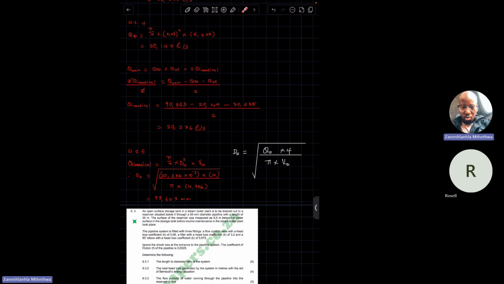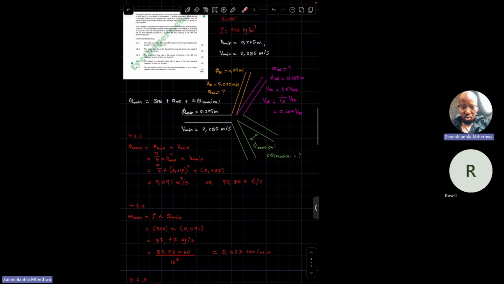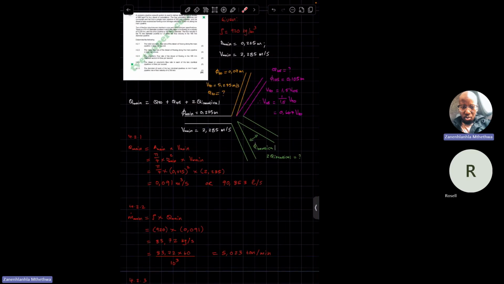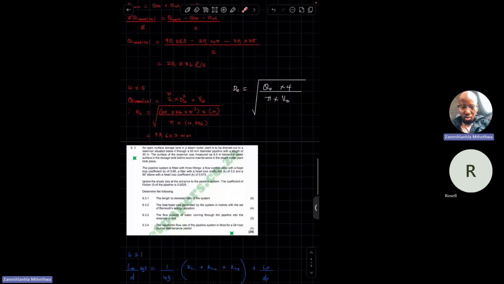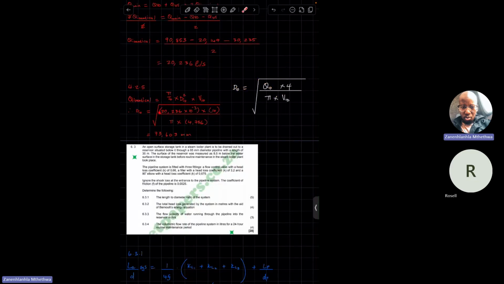Now we are told to leave the diameter of each of the two identical pipelines in millimeters. So the answer you get here will be in meters, so you simply multiply that by 1,000, and you should get more or less what I got here, which will then be in millimeters.